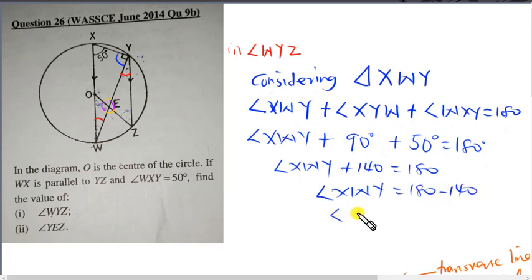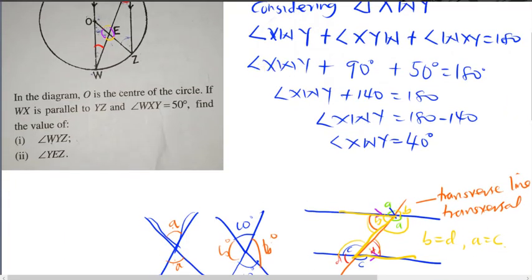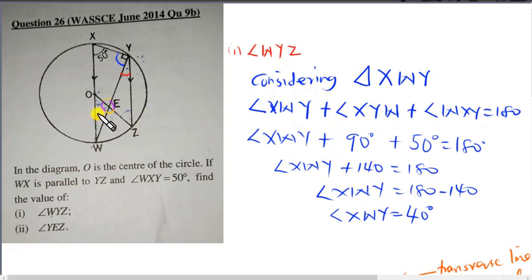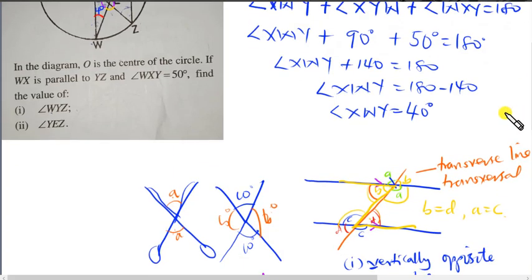So angle XWY will be equal to 40 degrees. Alright, so angle XWY, that is the angle that we see here. The angle found here is 40 degrees. But because this angle alternates with this angle, the two are equal. So we say, but angle XWY is the same as the angle that we're finding, that is the angle WYZ.